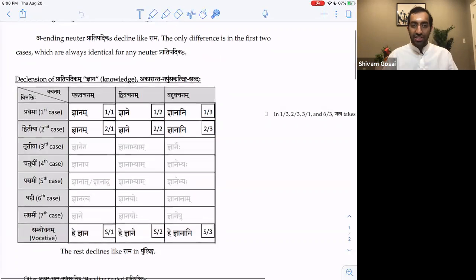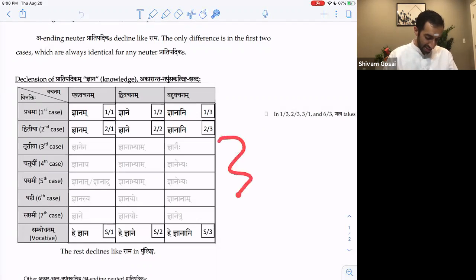They decline just like Rama, from 3rd case to 7th case, okay? 3rd through 7th is just like Rama. So if you know Rama śabdha, you have a majority of this chart.